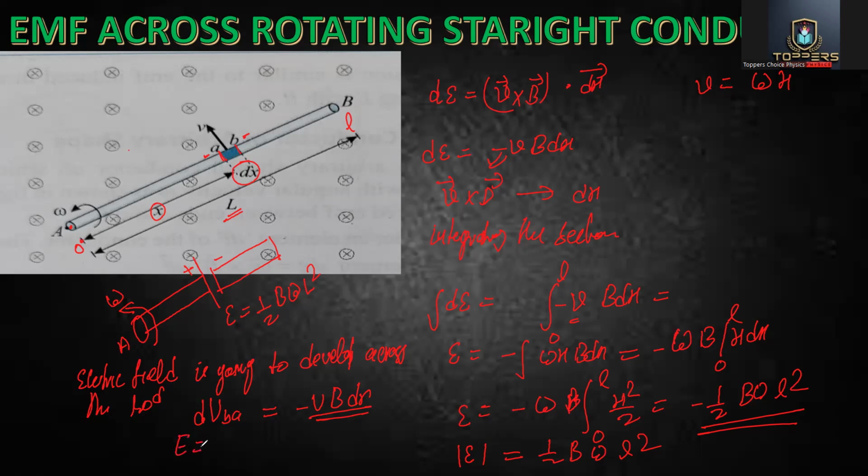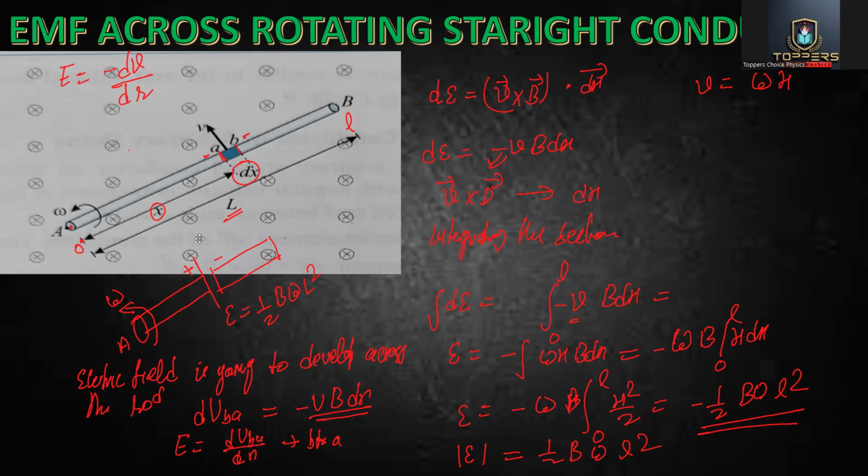And one thing you know, what is the relation between electric field and electric potential? E is equal to minus dV over dr, correct? So we can write here E is equal to dV_BA upon dx. That will be direction from B to A.